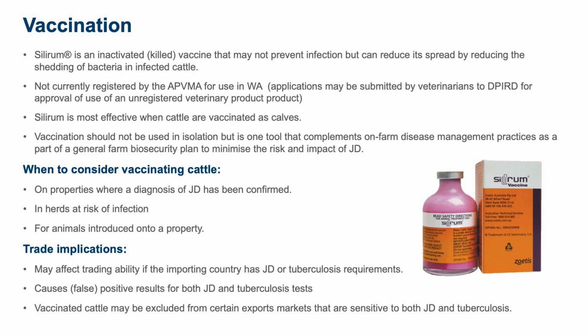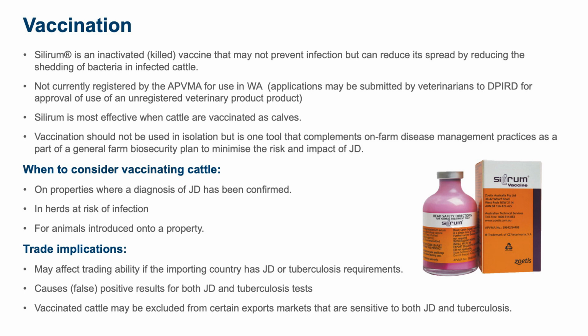However, it's really important to be aware that vaccinated cattle may be ineligible for export to importing countries with JD or tuberculosis requirements. The vaccine can cause false positive results for both JD when undertaking blood testing and tuberculosis.